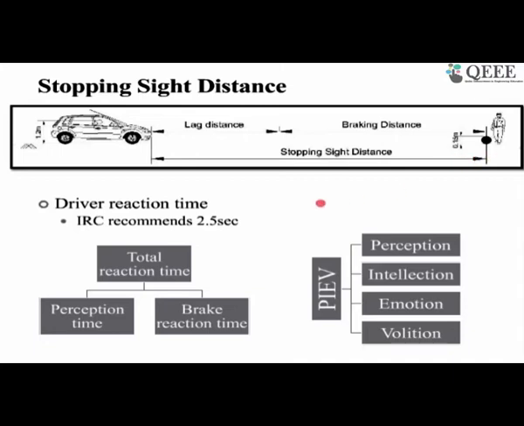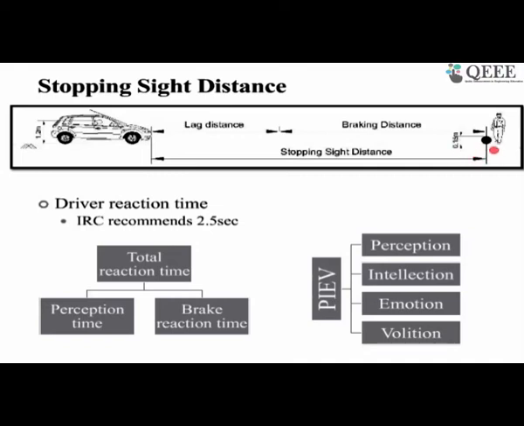As per the guideline, the height of the eye of the driver is at least 1.2 meter. If you are at a higher height, you can see far off, but 1.2 meter is the minimum height from which you can see. And the height of the object you need to see is about 0.15 meter or 0.1 meter around.